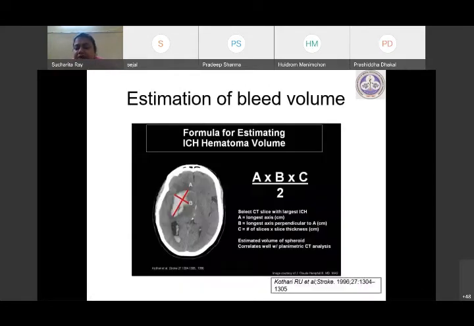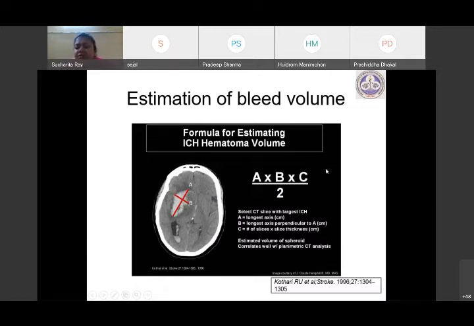So much for the score, very simple. Maybe someday, if you meet me somewhere and ask me, I can tell you that the volume formula is derived from the volume of a sphere. Ideally a very simple law of physics, but given as ABC by 2. That is, you have to take the longest diameters in each of the axes, X, Y, and Z. The Z-axis diameter is calculated by the number of slices in which the bleed is present.